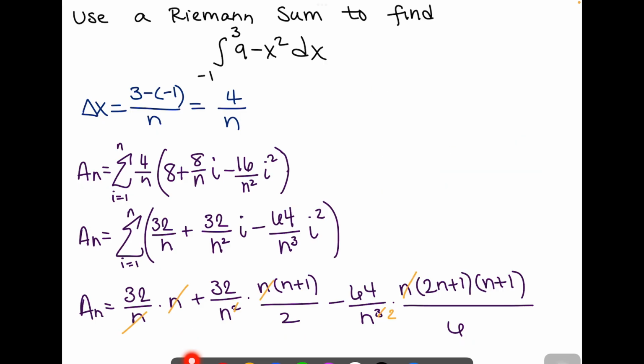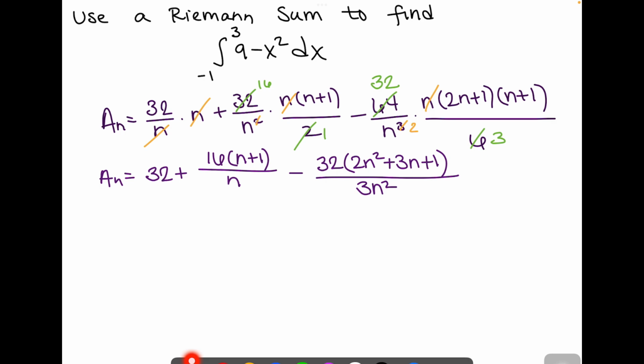I'm going to simplify. I have some common factors of n. Actually, in all 3 of the terms, I have a common factor of n. So I'm going to go ahead and cancel those out. First term, I end up with just 32. Second term, I canceled out an n. I also have a common factor of 2. So that's going to become 16 times (n plus 1) over n. And then my last term, I did have a common factor of n, and I have another common factor of 2.